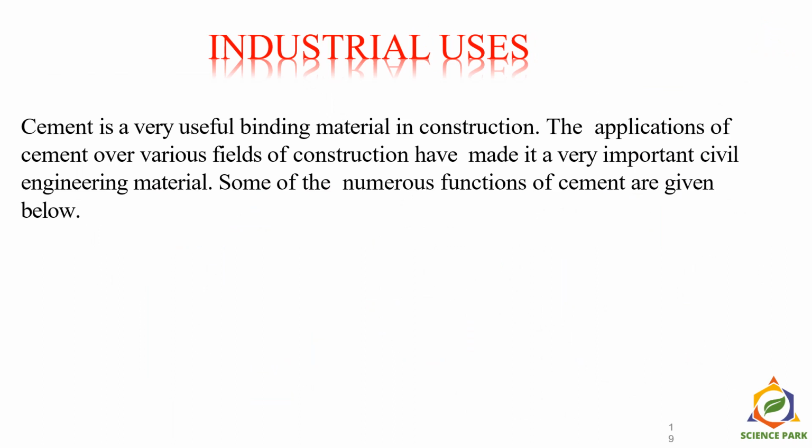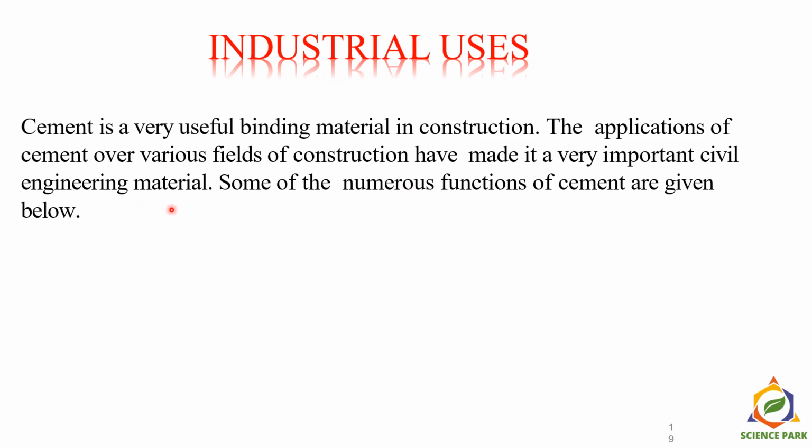Now let's see some industrial uses of cement. Cement is a very useful binding material in building construction. The application of cement over various fields of construction has made it a very important civil engineering material.